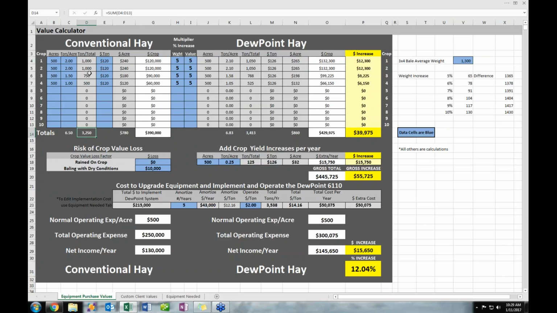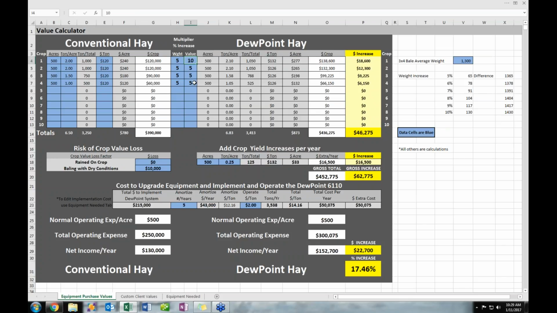So even if we have had a difficult time putting up supreme quality hay in those summer cuttings, we definitely can add value to the hay by keeping the leaves. So a 5% value increase is only $6. You can see right here. If I change this to say 10%, this jumps to $132 a ton.